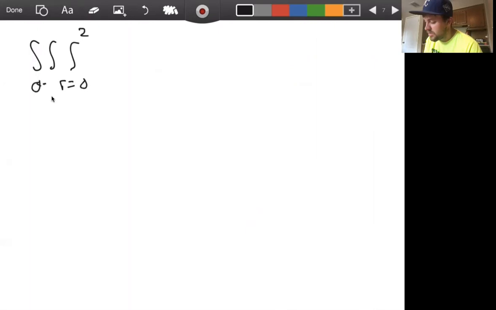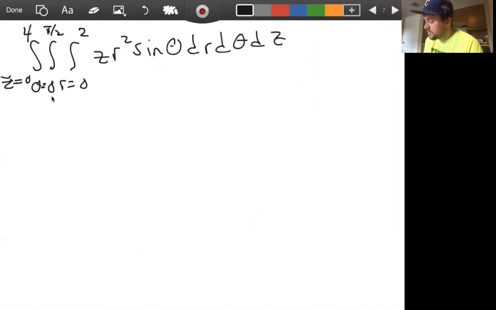Theta goes from 0 to pi over 2, and z goes from 0 to 4. And what we're integrating was z r squared sine theta dr d theta dz. If we look at this, we notice this is a product of three variables here. And so we can write these.